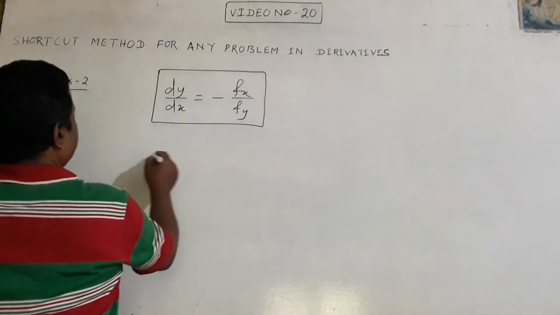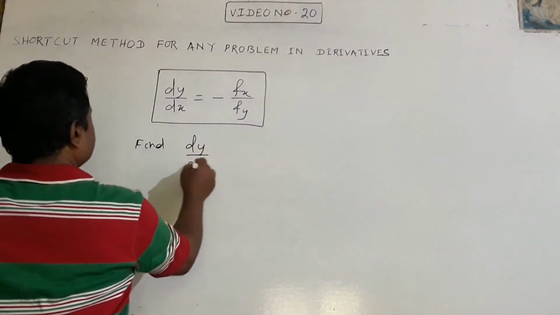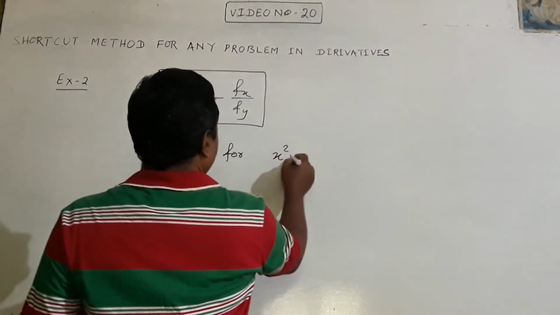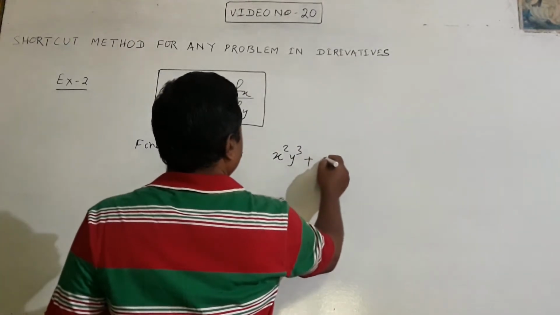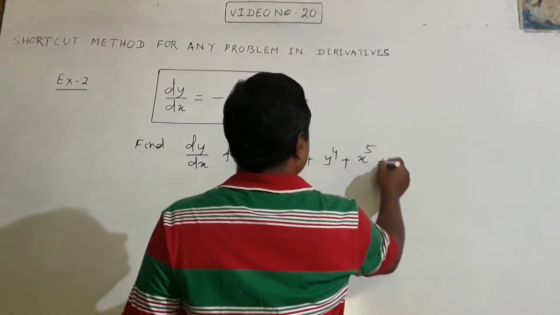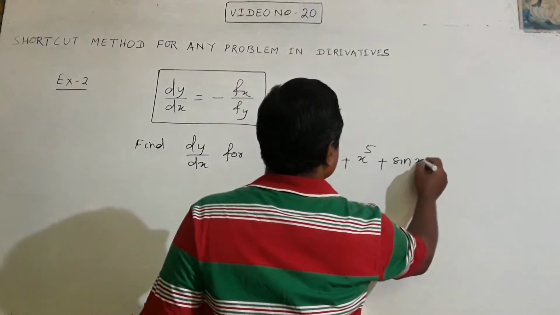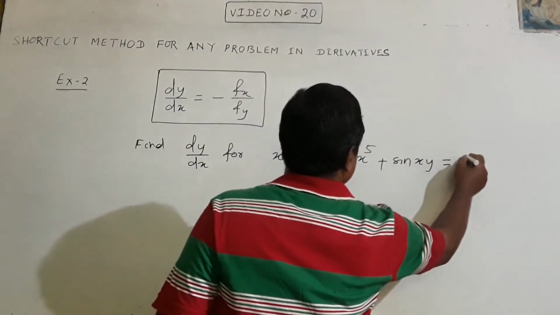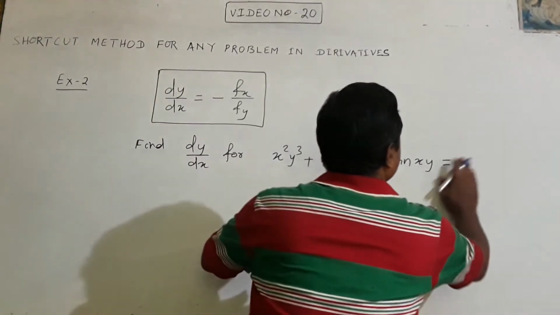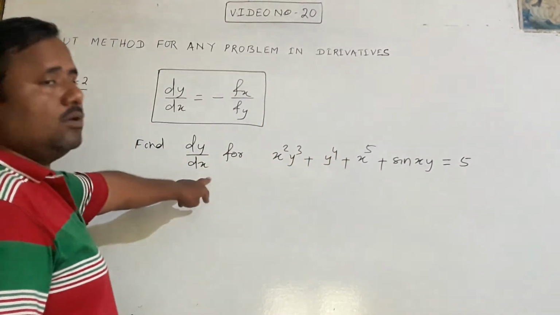Suppose a question is there: find dy by dx for the function x square y cube plus y fourth plus x fifth plus sine xy is equal to 0. First, if it is given as 5, then what you have to do? You have to put that thing to the left side.